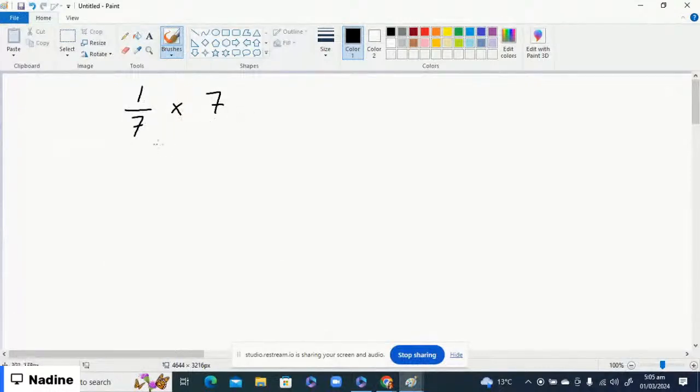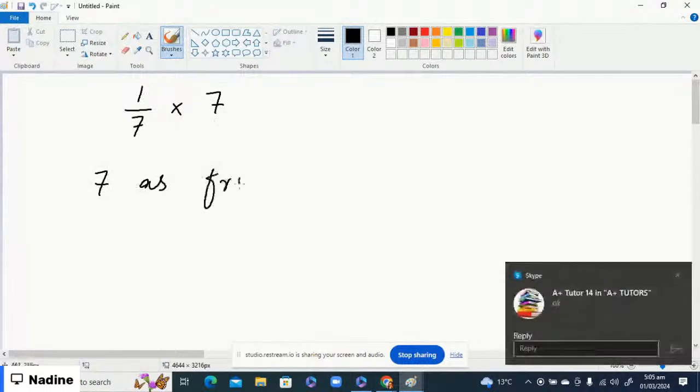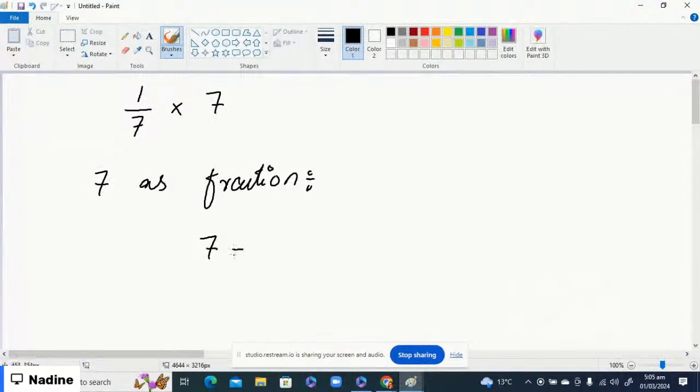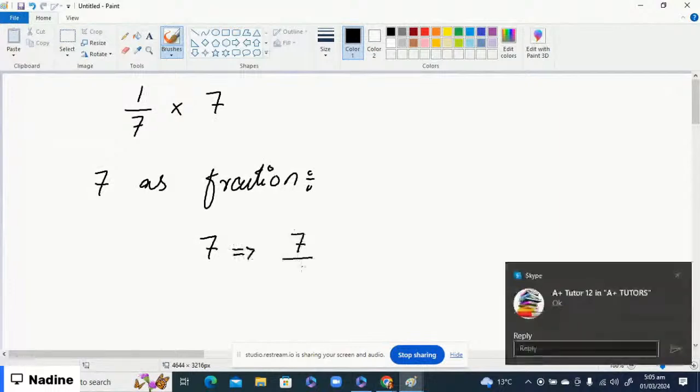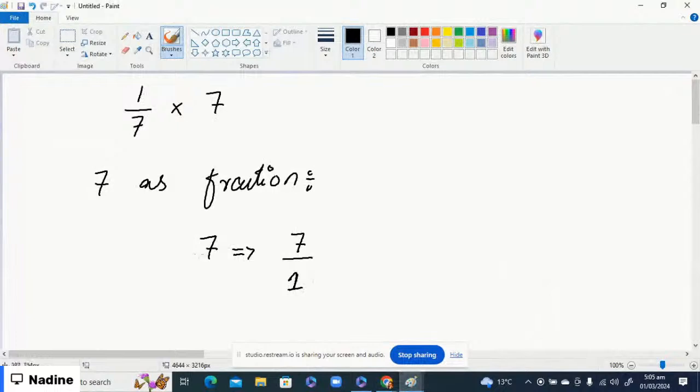We are just going to convert this 7 first of all into a fraction. So 7 as a fraction. Okay, so we are going to change 7 into 7 over 1. Like that way.